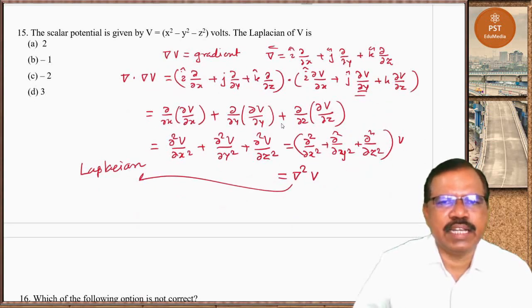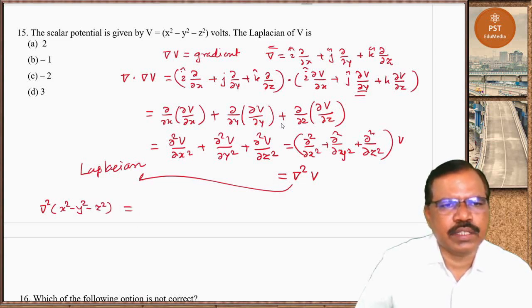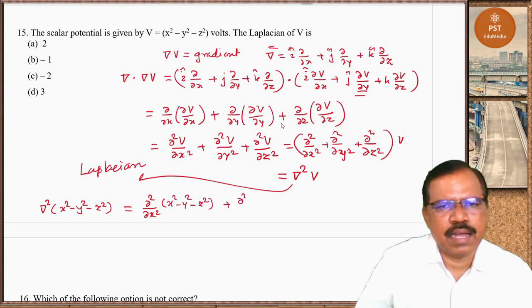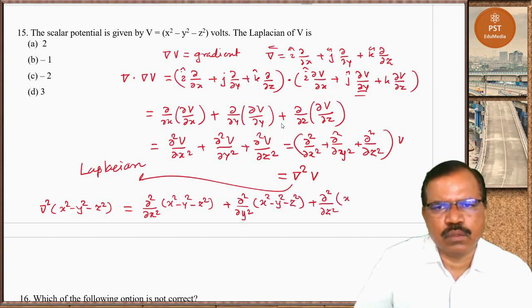So Laplacian of V is del square of (x² − y² − z). So it is ∂²/∂x² of (x² − y² − z) plus ∂²/∂y² of (x² − y² − z) plus ∂²/∂z² of (x² − y² − z).